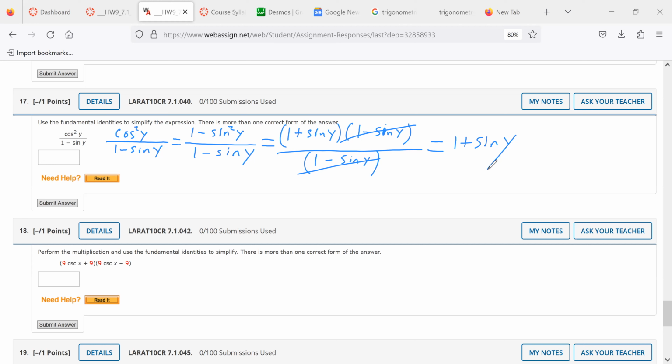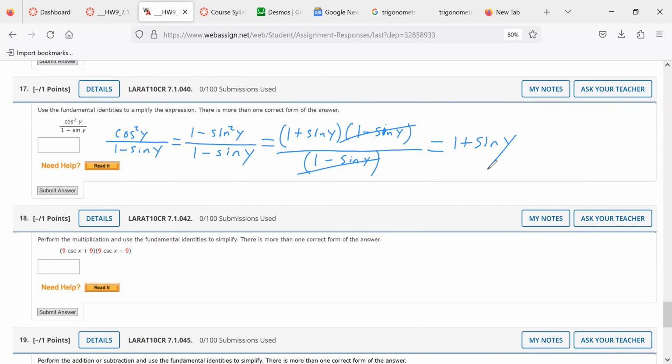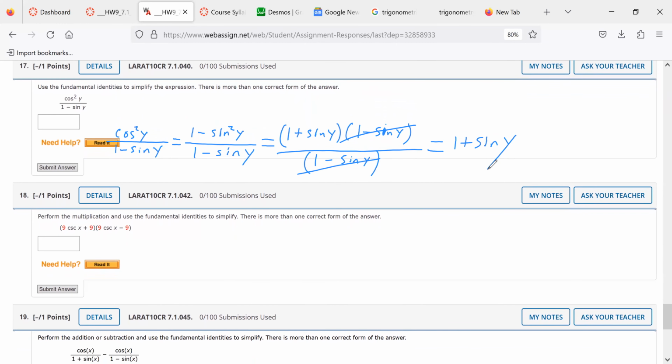This is another difference of squares. 18, we're not gonna do, but this is literally a difference of squares. You guys cool on 17?